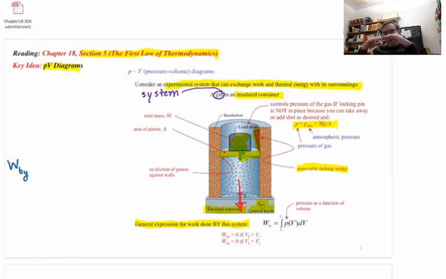And if I have a series of little displacements, one after the other, the total work done is the integral. Remember, integral is just a fancy sum of the upward force exerted by the gas on the piston times the successive tiny displacements, one after the other, ds.